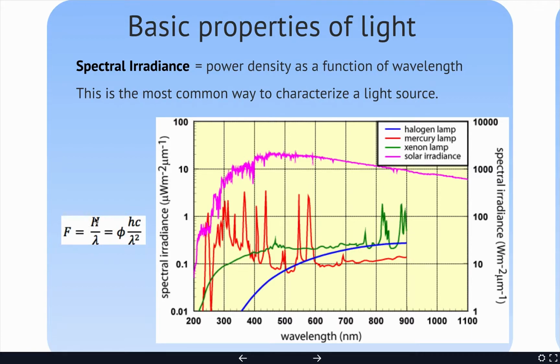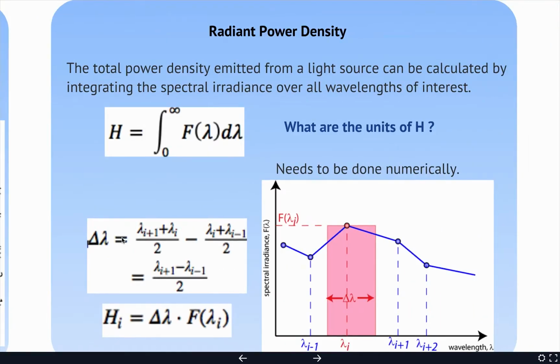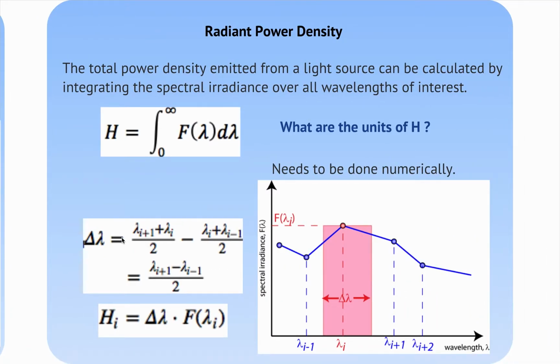If you plug in the expression for H, which is phi, the photon flux, this is irradiance in other words. This is photon flux multiplied by hc over lambda squared. This is just plugging in the equation from before. So you can see how the spectral irradiance varies with lambda. h and c are constants, of course. Phi can change with the source, so this is a function of wavelength as well. Not so important at the moment anyway.